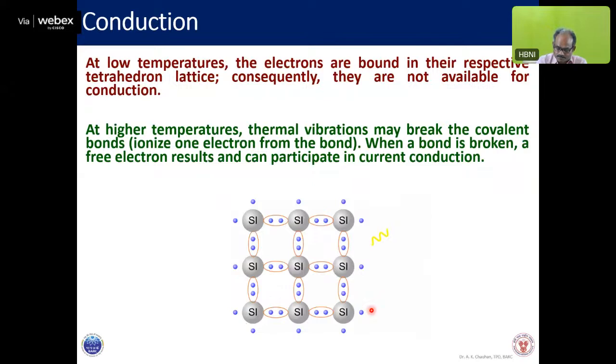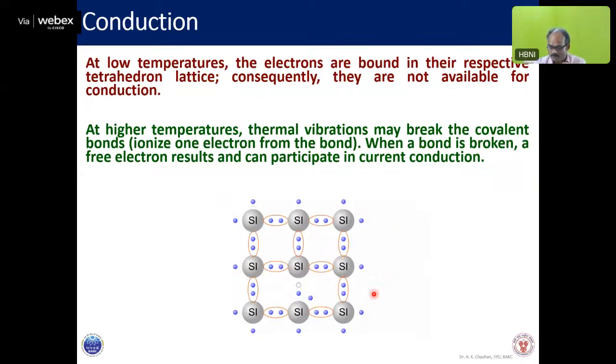At a particular temperature, a certain number of electrons will definitely have that much energy which is necessary to break the bond. When a bond is broken, the electron is free. Then this electron can move, and so this electron can cause a conduction.